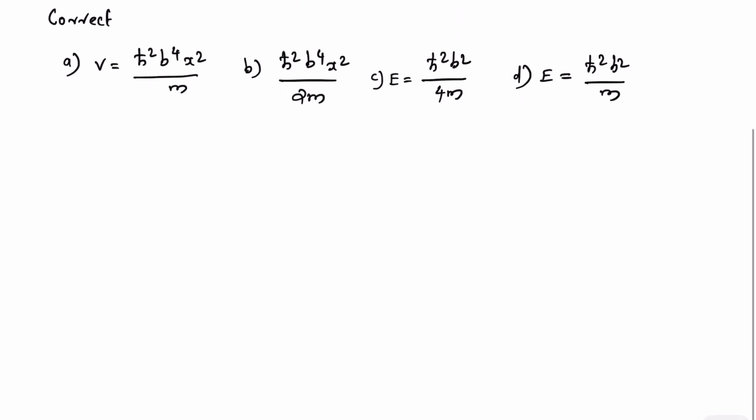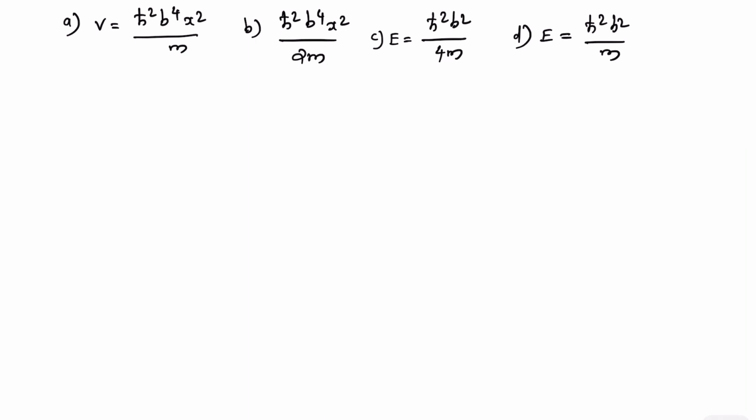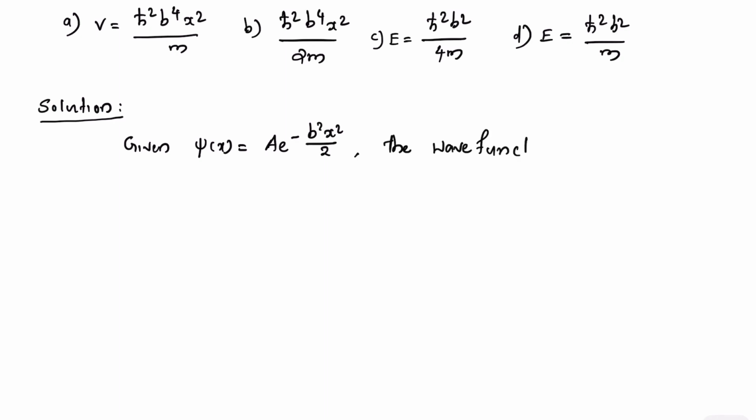We can solve this in two ways. First, let us solve it using the Schrodinger equation. Given psi of x equal to A e raised to minus b squared x squared by 2, and it is given that the wave function is normalized.